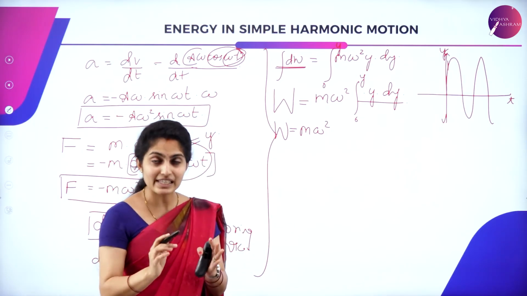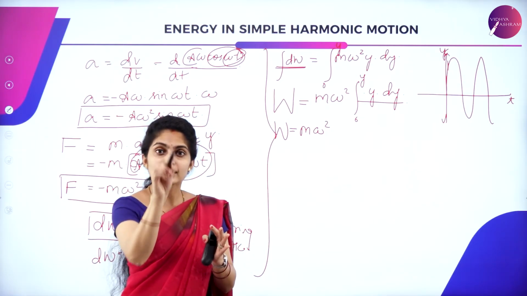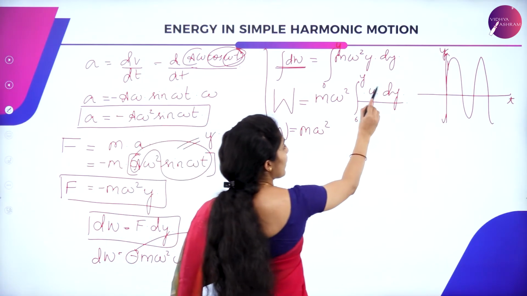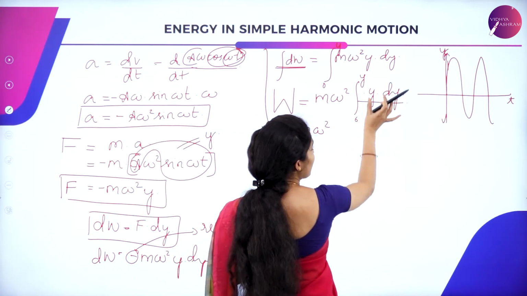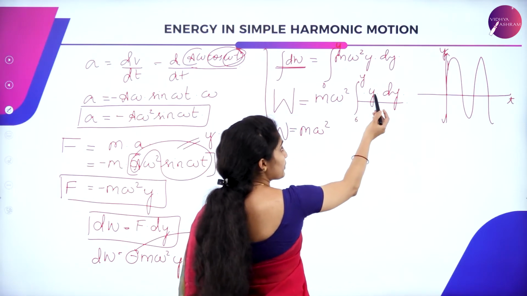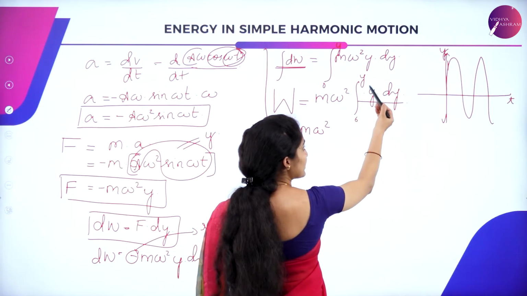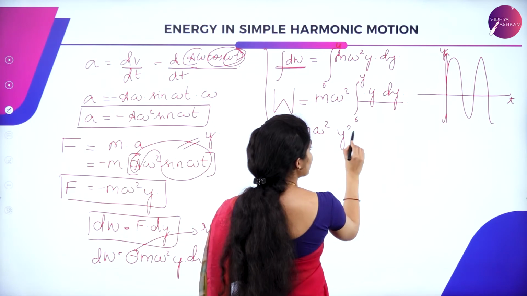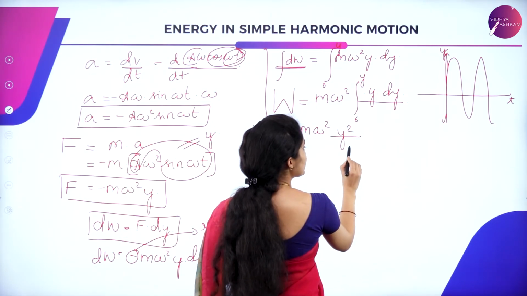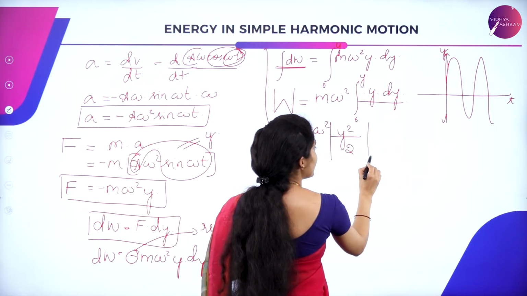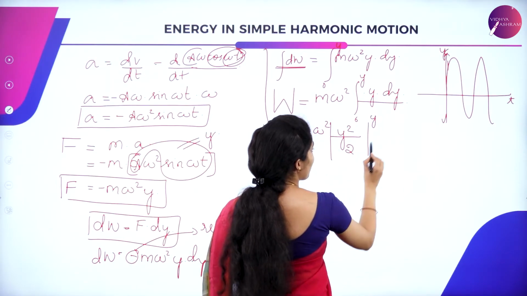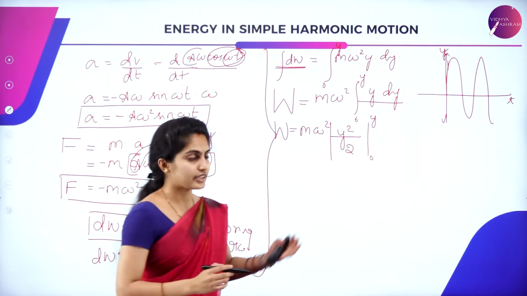You add 1 to the power and take the same power to the denominator. So y to the power of 1 plus 1 is y square, divided by 2, which is taken to the denominator, wherein it varies from 0 to y, and we have our integrated part.